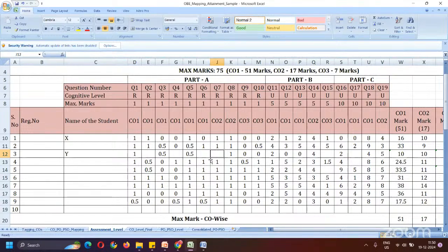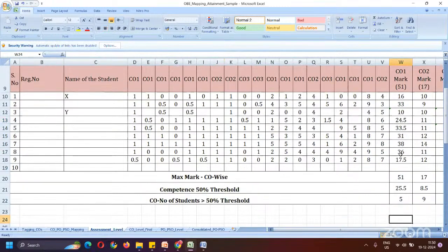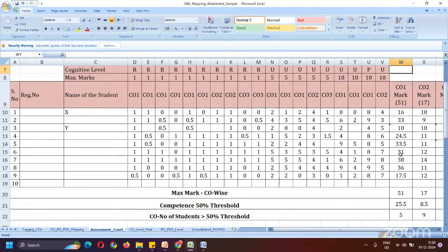This is the next step you have to do while going for the attainment of COs at the assessment level. You have to enter all students' marks question wise, and then you can also calculate the CO wise marks here.